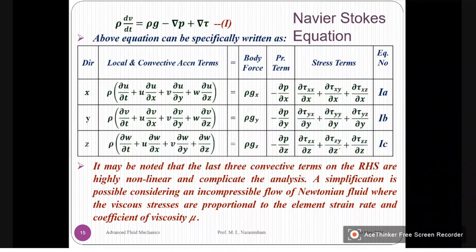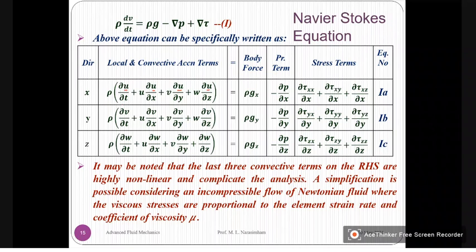So this is what we get. So in the x direction, you can see u, u, u, u.